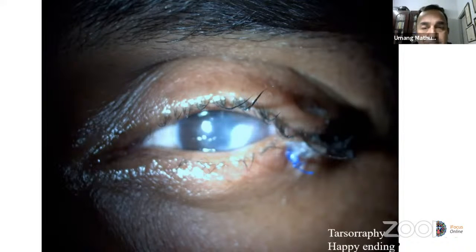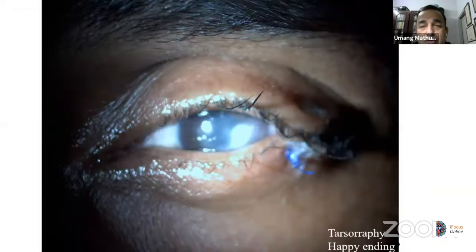So tarsorrhaphy is magical. You'll find that within about 3 days, the ulcer starts healing. And you should have a low threshold. With the tarsorrhaphy, this patient healed. However, he presents again after a few days with this infiltration in the stroma and a small epi defect.